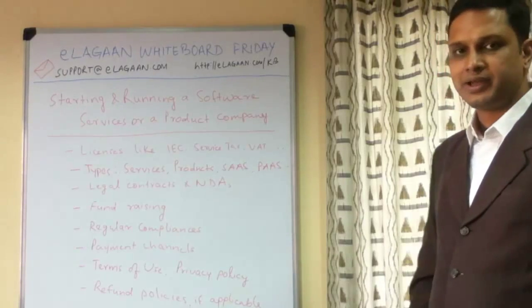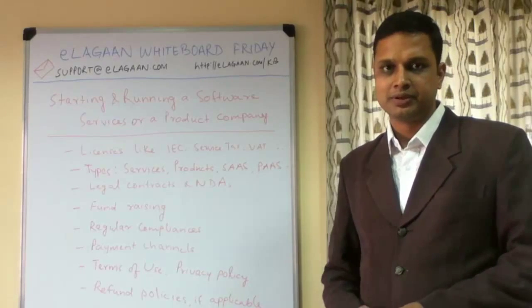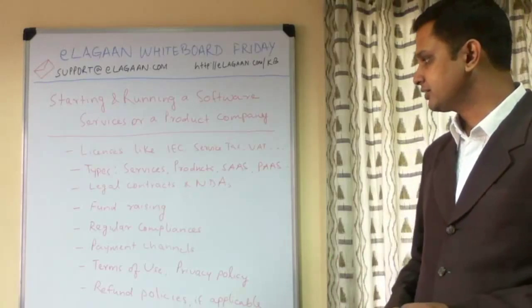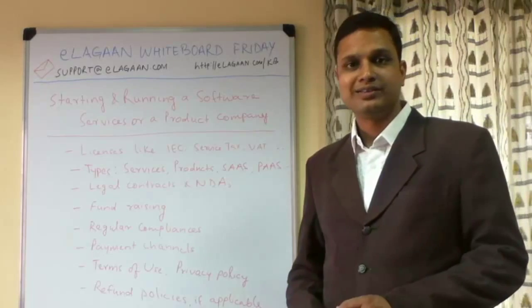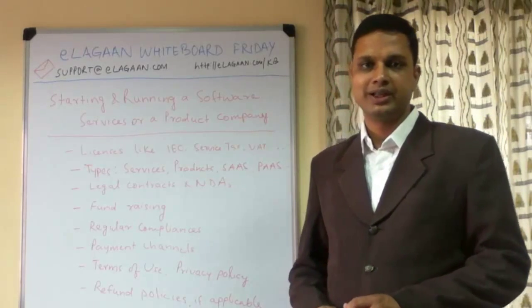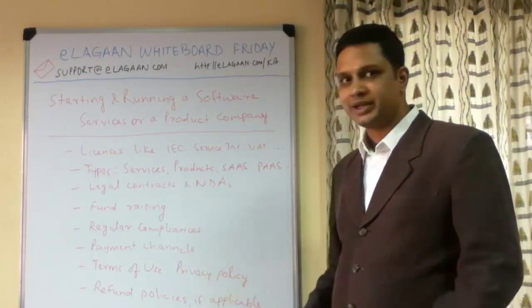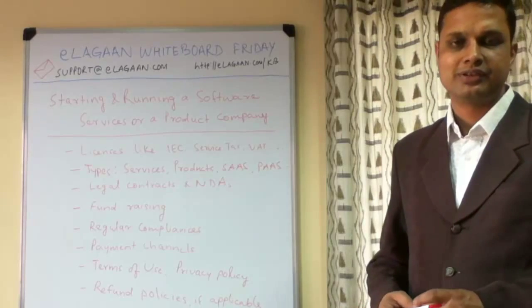You should also define what payment channels you would use. You might be aware that PayPal is an internationally accepted channel, but recently RBI disallowed Indian companies from making payments through PayPal. So how you make payments matters: if you are paying any vendors, then proper taxes have to be deducted.